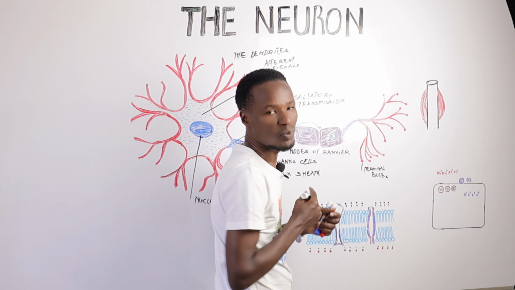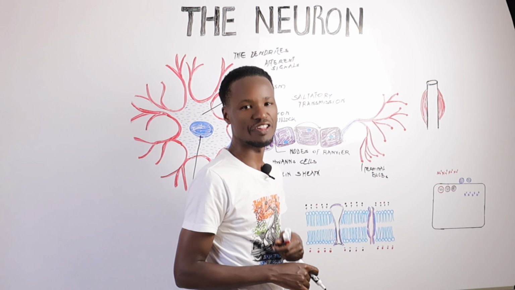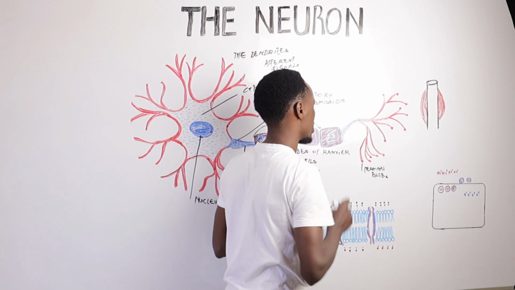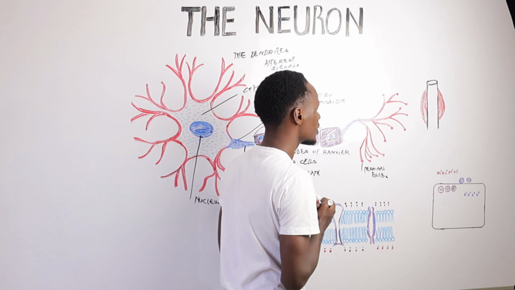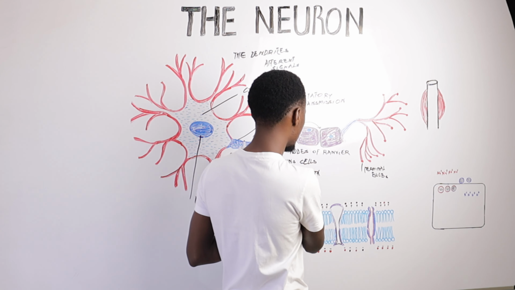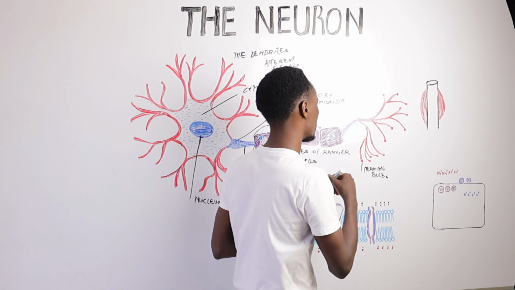Because this is a motor neuron, it is carrying nerve impulses through these axonal fibers, moving through the axon towards the periphery, which is the skeletal muscle.